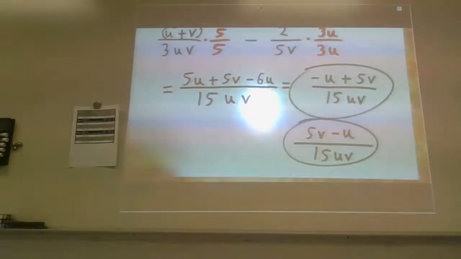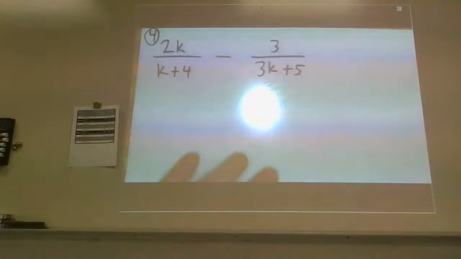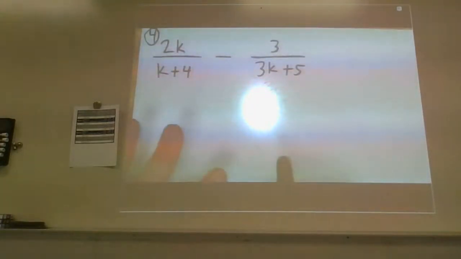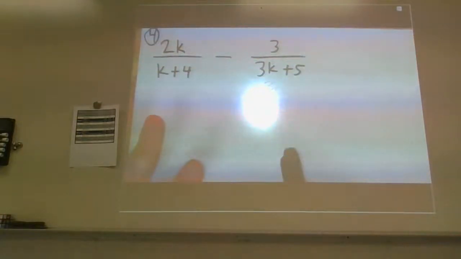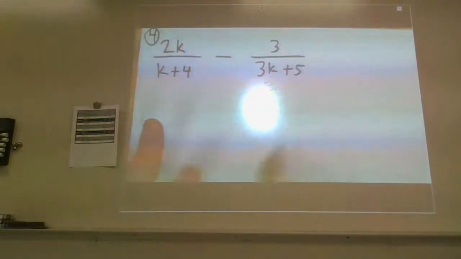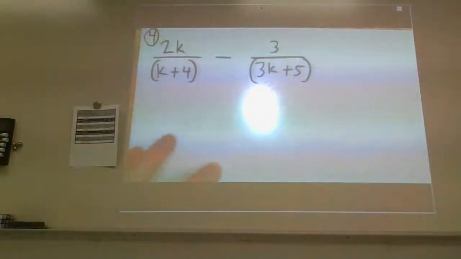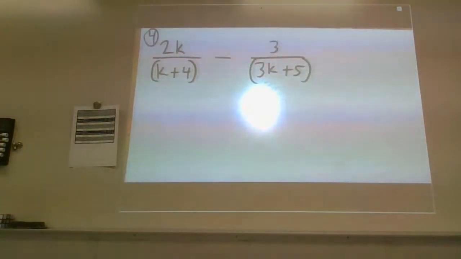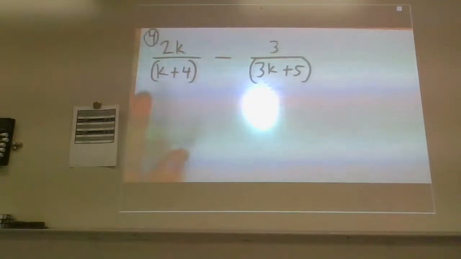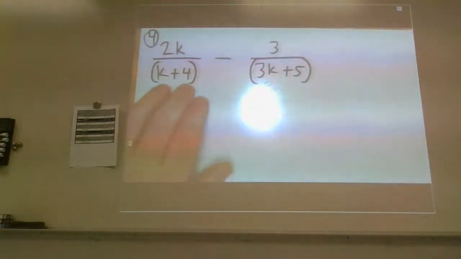Okay. Number 4. Now, number 4 has all of these k's floating around, but here's the first thing. If you did not do what I am about to do, you need to do it. You need to consider the k plus 4 as a single term.